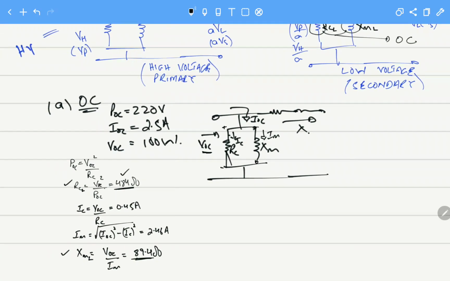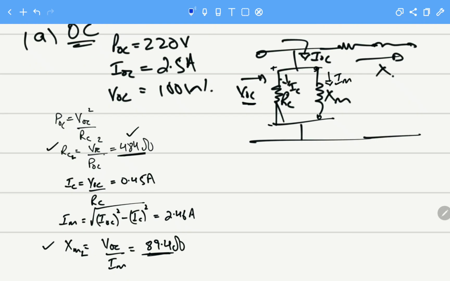I have calculated these two values. Now, the other way to calculate the same values, there is another method also that you might have studied. That method is related to calculating the admittance, calculating the theta first, that is equal to cos inverse of POC over VOC IOC.